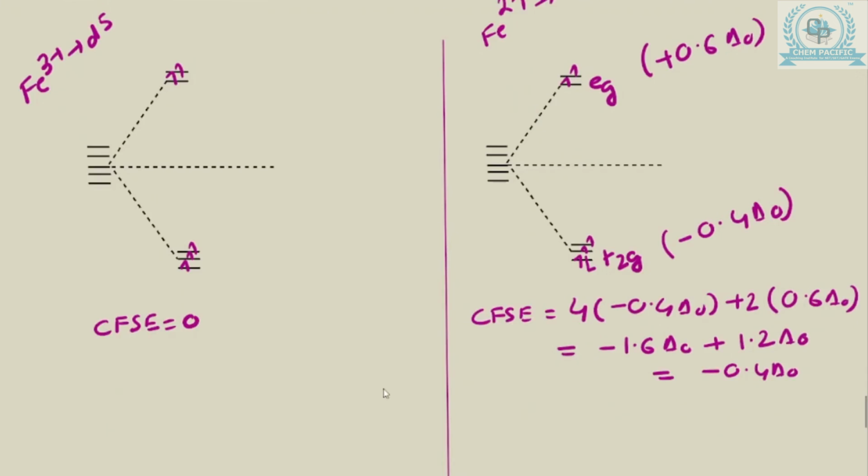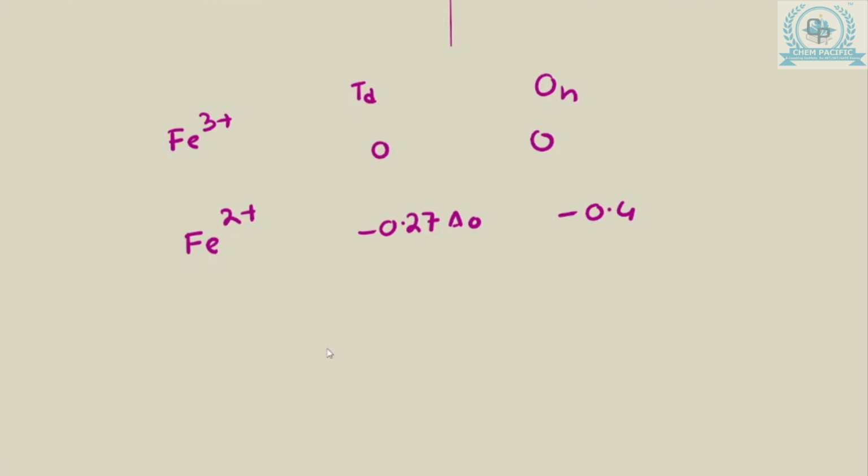Now the conclusion part. We have already concluded that for Fe3+ in both cases, tetrahedral and octahedral, the CFSE is 0, so there is nothing to compare. What we have is the CFSE of Fe2+ in the tetrahedral field, which we calculated as -0.27 delta 0, and in the octahedral field, which we calculated as -0.4 delta 0. Now the interesting part is that Fe2+ is in the lower oxidation state, so both are stabilized, and the crystal stabilization energy of Fe2+ in this case is more in the octahedral field as compared to the tetrahedral field, right?